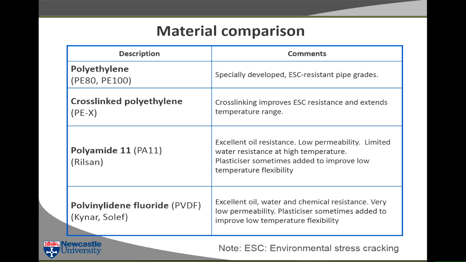Right, so these are all the materials: polythene, polyamide 11 or Rilsan, PVDF. The other one I didn't mention is cross-linked polythene. I was talking about this difference between thermoplastics and thermosets. And a thermoset is a fully cross-linked network. You can take polyethylene and you can cross-link it a little bit, and that gives you actually huge improvements in its behavior.